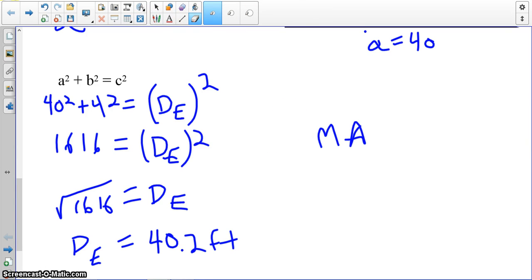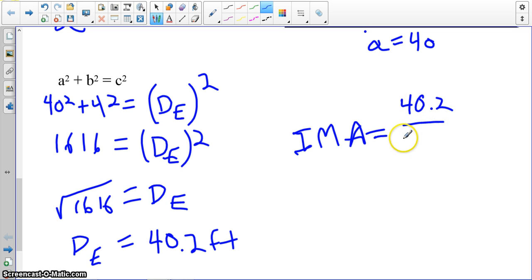It is the ideal mechanical advantage. What am I saying? I was right the first time. Ideal mechanical advantage involves distances. Actual involves the actual forces that for real happen. This is just kind of theoretical. So it's DE, the distance traveled, so it's 40.2 feet over 4 feet, the actual vertical distance you're overcoming. And that's approximately equal to 10.05.